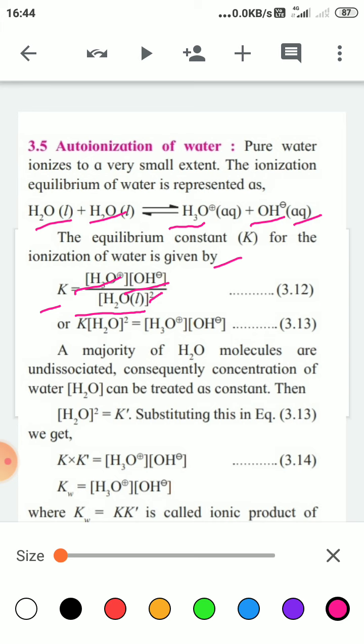Don't forget to write down the power of concentration of water molecule, because we have used here one water molecule and this one is another water molecule. So 1 plus 1, it becomes 2. Therefore we have to write the power of concentration of water molecule as 2.